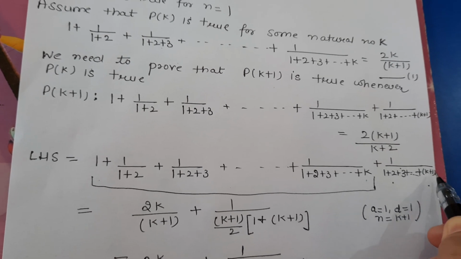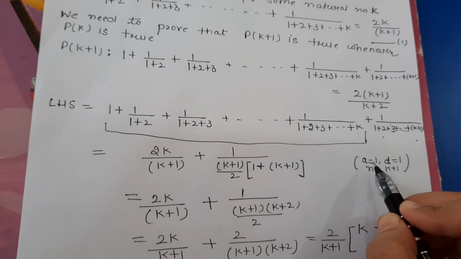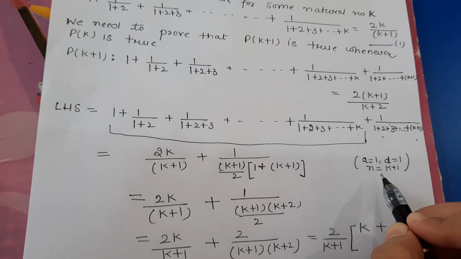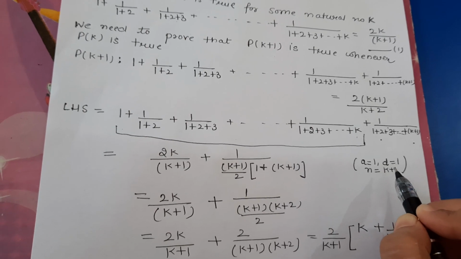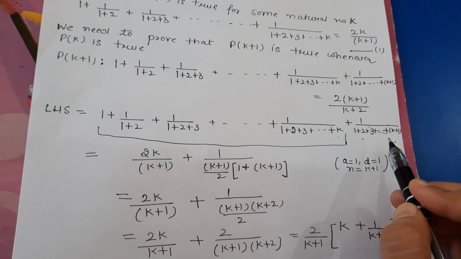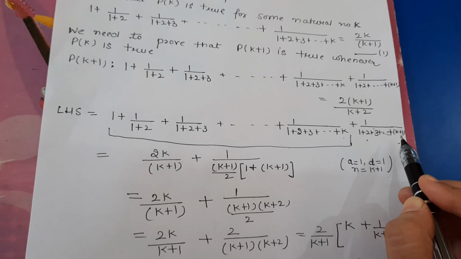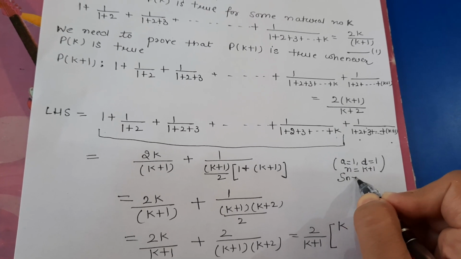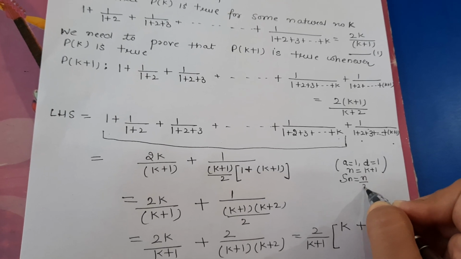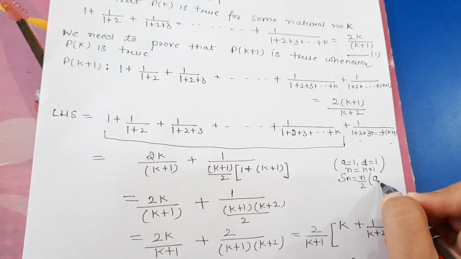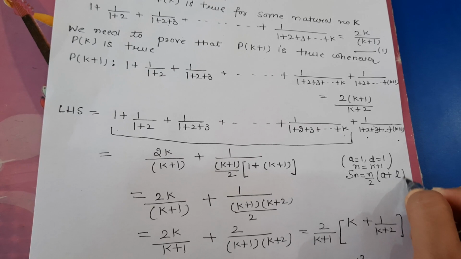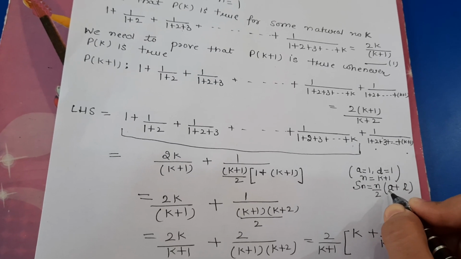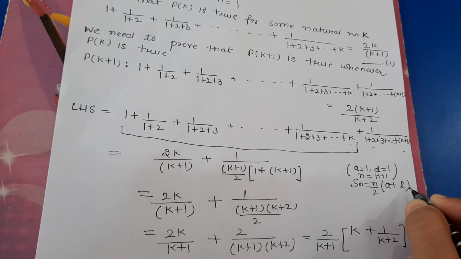The series in the denominator is in AP. The first term is 1. The common difference is also 1 and the number of terms are k plus 1. So that means you have to find the sum of k plus 1 terms which are in AP. You can simply use the formula S(n), that is number of terms divided by 2 into first plus last term, or you can also do it by n by 2 into 2a plus n minus 1 into d.